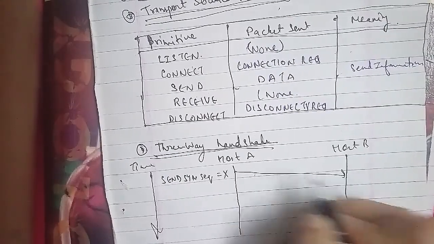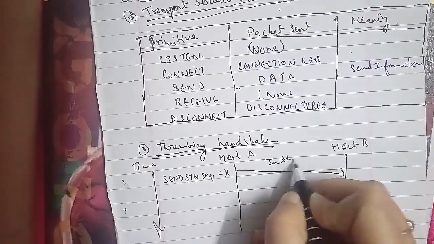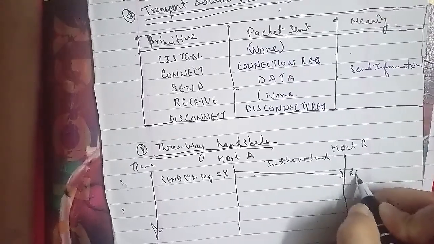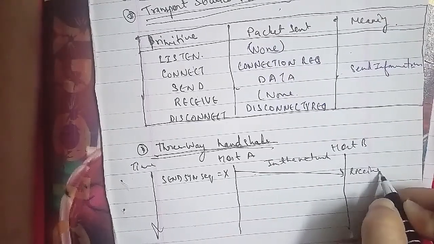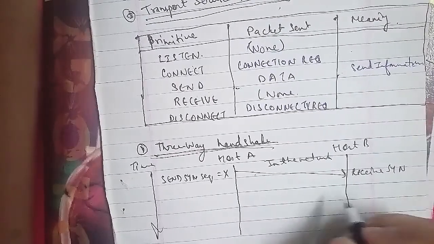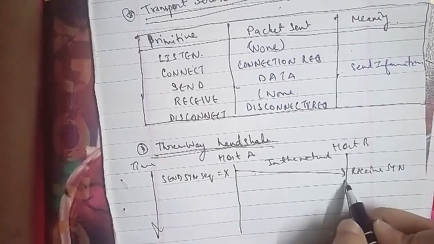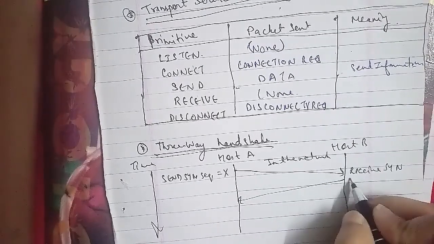With the three-way handshake, there are three phases in any virtual connection: connection establishment, data transfer, and connection termination. In order for two hosts to communicate using TCP, they must first establish a connection by exchanging messages in what is known as the three-way handshake.